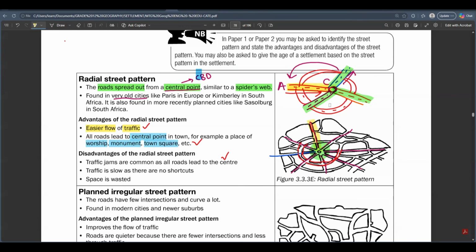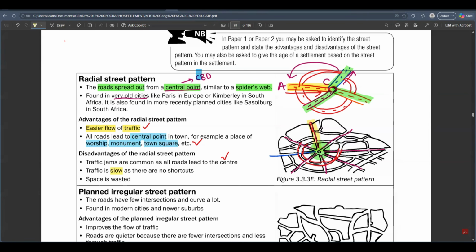Although it is easier for the traffic to flow, as I've already explained in the advantages, because there are many roads, but let's just say there are many cars or many people coming towards the central point, whether towards the CBD or towards the monument. Basically, that can cause traffic congestion. So traffic jams are just common things, and the traffic is slow as well.